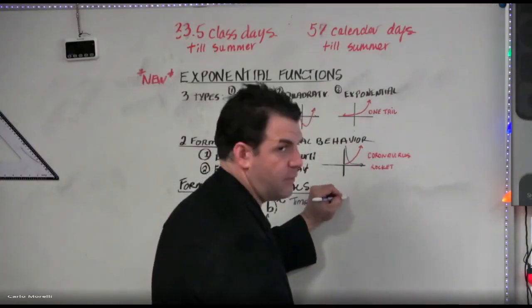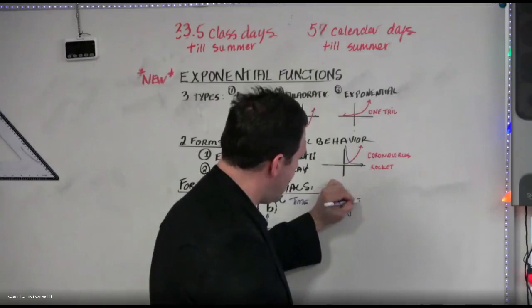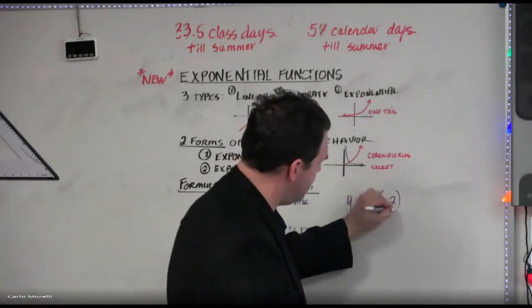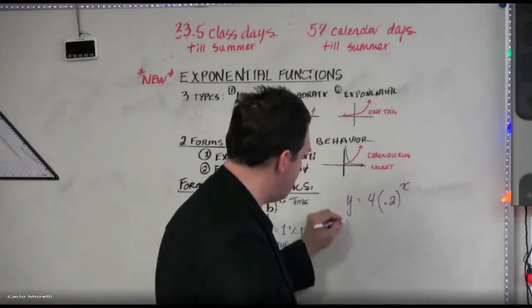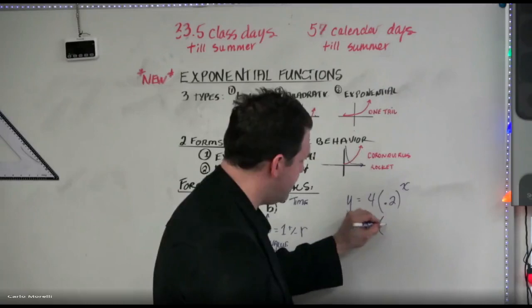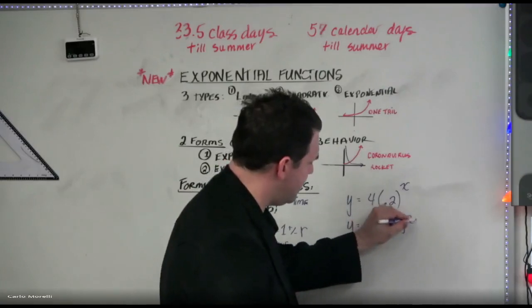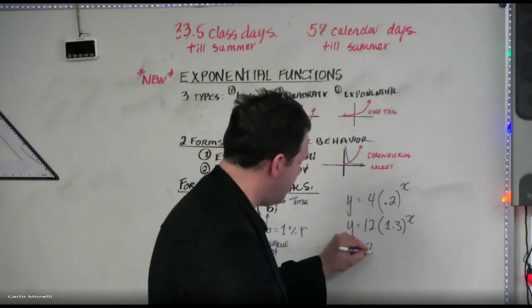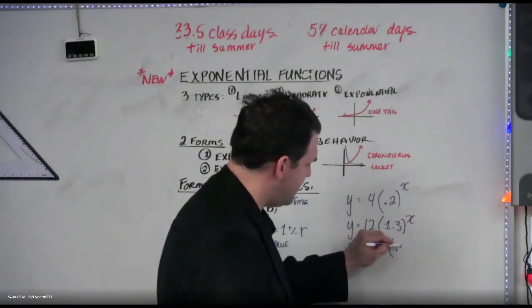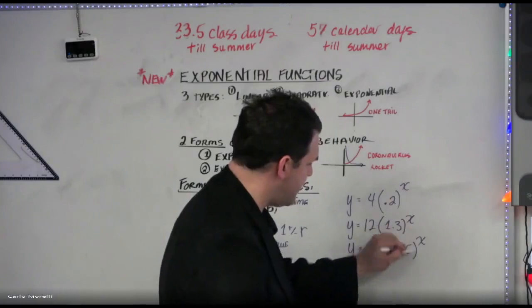Okay, now we're going to look at some examples of exponential functions, and you're going to tell me if it's growth or decay. Y equals 4(0.2)^x. Y equals 12(1.3)^x. Y equals 200(0.75)^x.